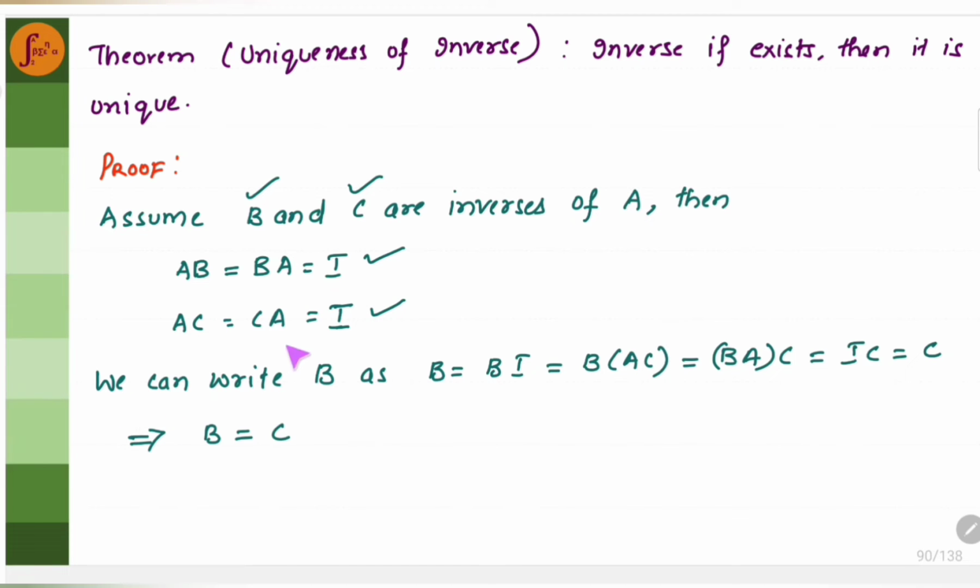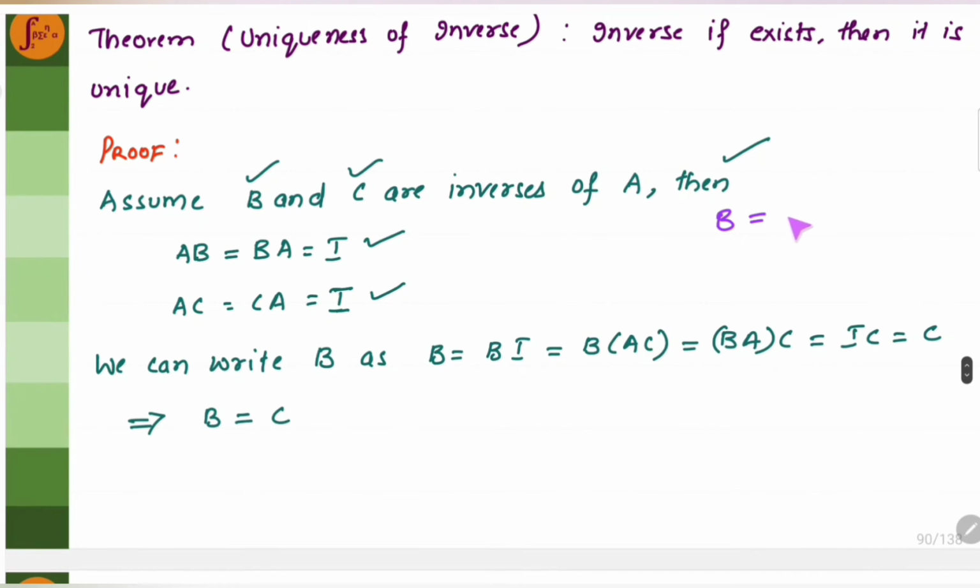Now, how do we disprove this? Basically, we'll have to disprove this, right? So how we disprove this is we start with matrix B. We'll just write matrix B. Now you can write this matrix B as B into I. Because anything you multiply with the identity matrix is going to be that original matrix itself.